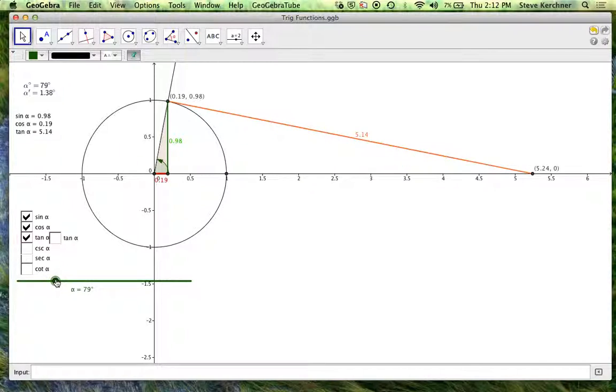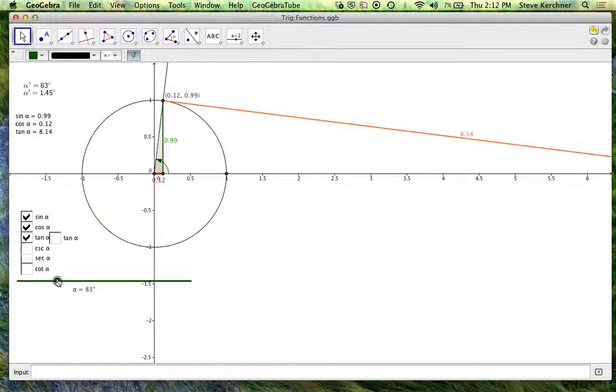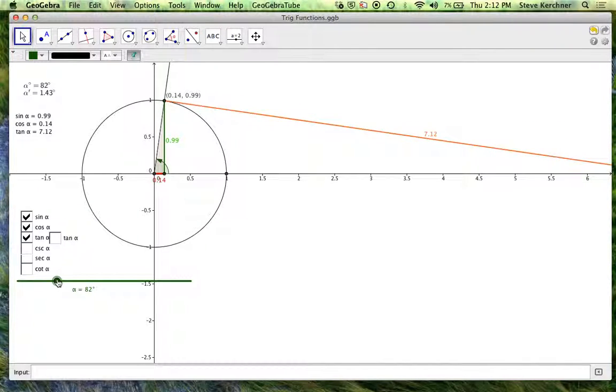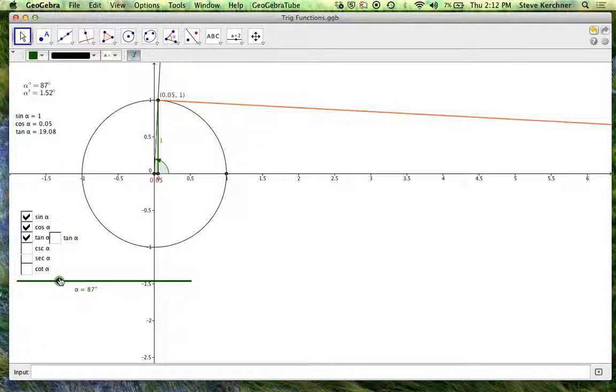As I approach 90 degrees, the length is growing and growing, 8.14, and much larger, 9.51. It's growing until eventually at 90 degrees it's parallel to the x-axis, so it's undefined. Tangent is undefined at 90 degrees or pi over 2.